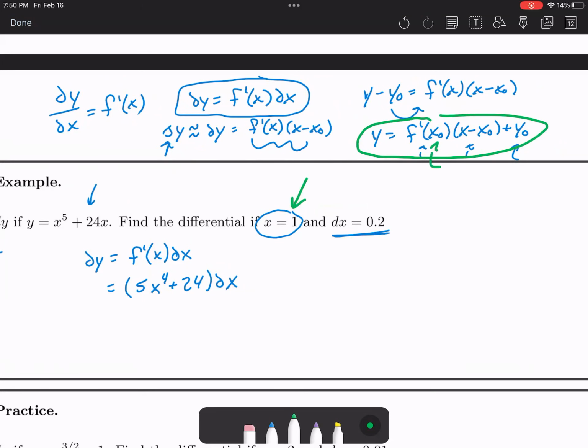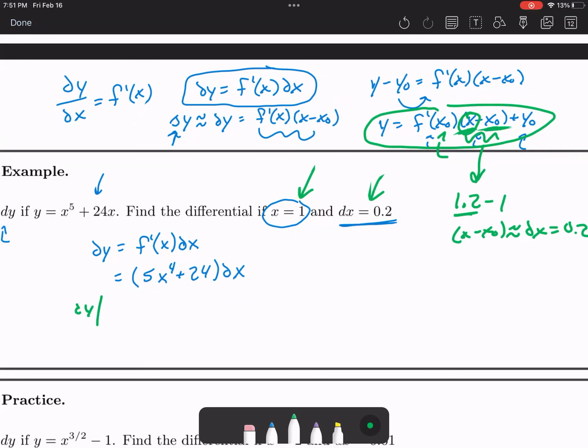So my x naught is equal to 1 here. And my travel in the x is 0.2. So this term could be thought of as 1.2 minus 1, right? The initial value x naught was 1, and I traveled 0.2, so this x value is 1.2. But either way, this x minus x naught term, or this dx term, is 0.2.